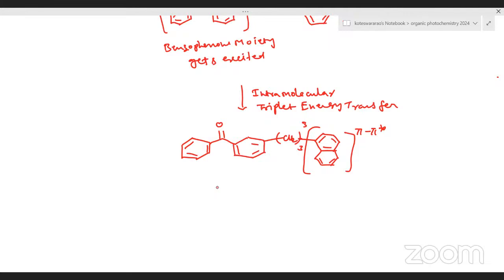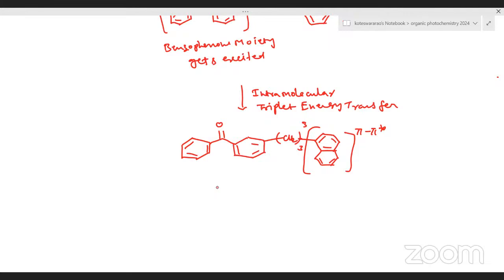Other examples are also there. We have 4-methyl benzophenone and 1-methyl naphthalene bridged with the methyl group. When the compound is irradiated selectively at the wavelength of absorption of benzophenone, then it will give the phosphorescence emission.